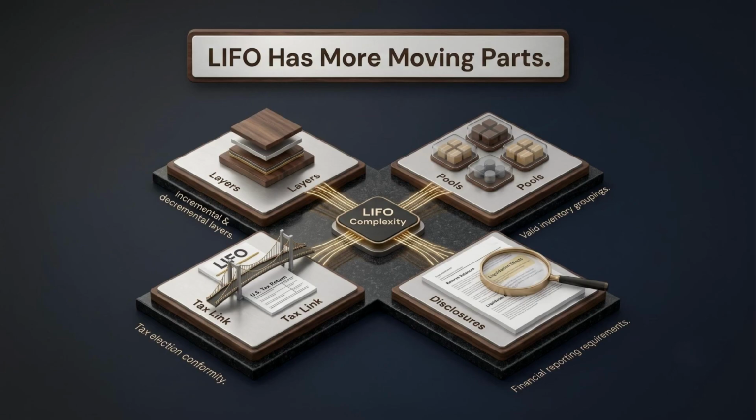The tax election can affect external financial reporting through the LIFO conformity rule, and users need disclosures about reserve balances and material liquidation effects. That is why we separated this topic from the cost flow overview. LIFO is like a filing cabinet. The front drawer looks simple, but the back folders need serious organization.